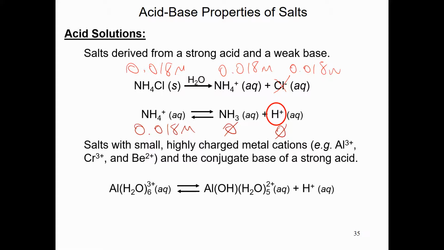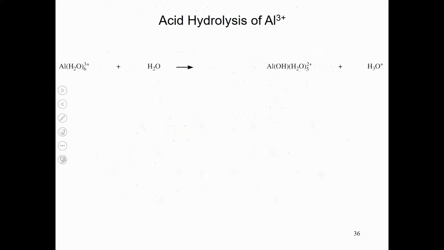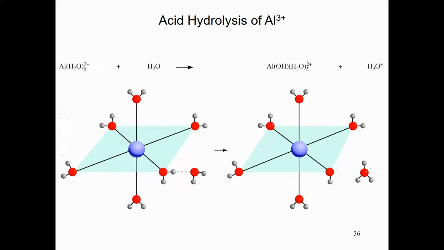And what happens is when those water molecules surround them, by the oxygens here, then all of a sudden one of those water molecules is going to become acidic, and another water molecule interacting with it is going to pull hydrogen off and become H3O+. And now you have an acid solution.